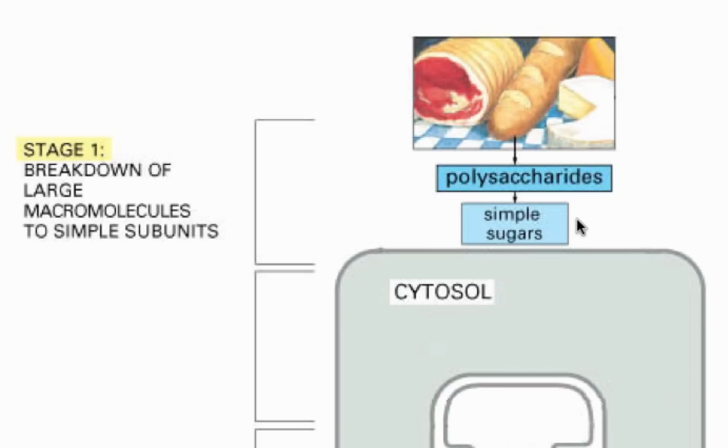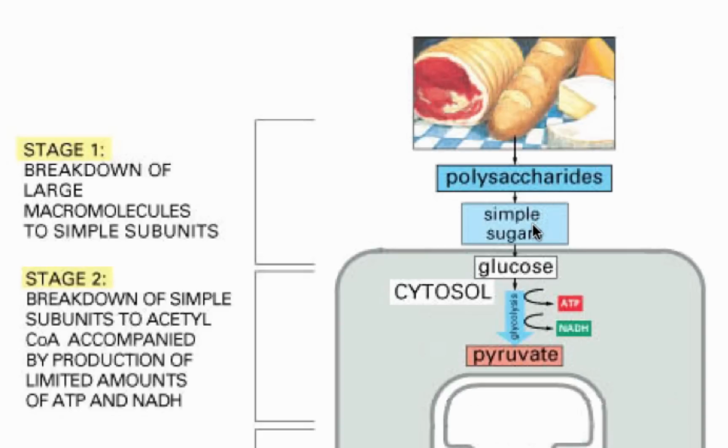Now, once that large macromolecule, that polysaccharide, is broken down into smaller monomers of sugars like glucose, they can be transported across the membrane of the cell. And once they're transported across the membrane of the cell, through the process of glycolysis, you can break them down into pyruvate.